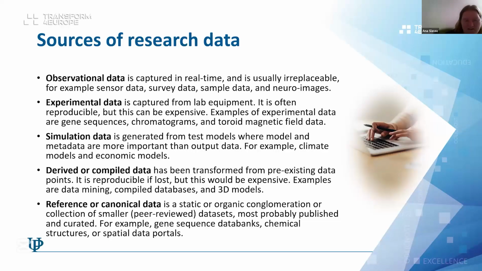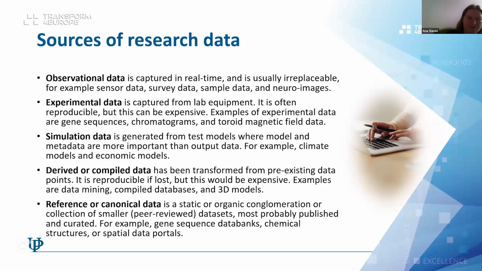Then we have experimental data, which is captured from lab equipment. This kind of data is usually reproducible, but it can be expensive. Examples of experimental data are gene sequences and chromatograms, but in other fields we can also find examples of experimental data.